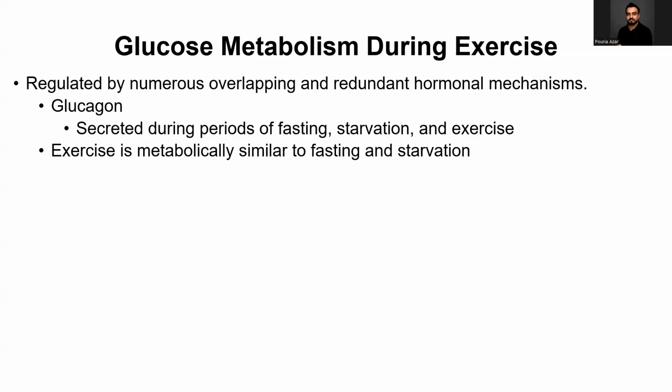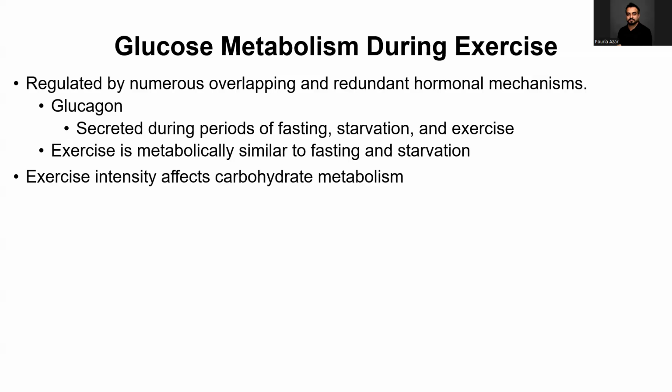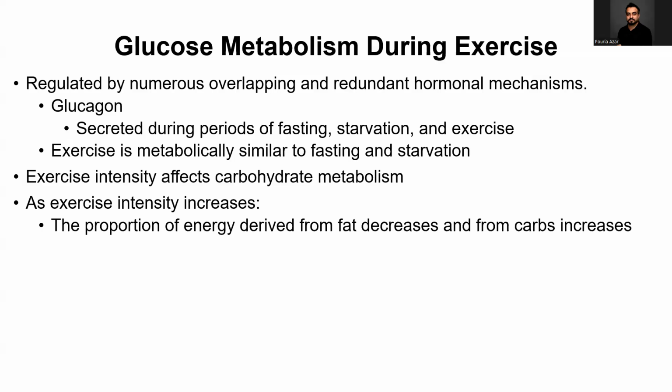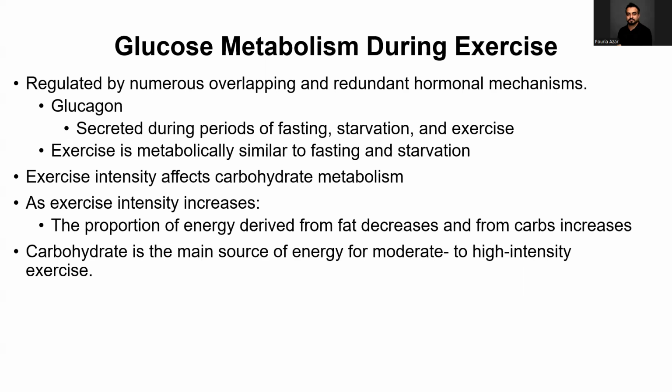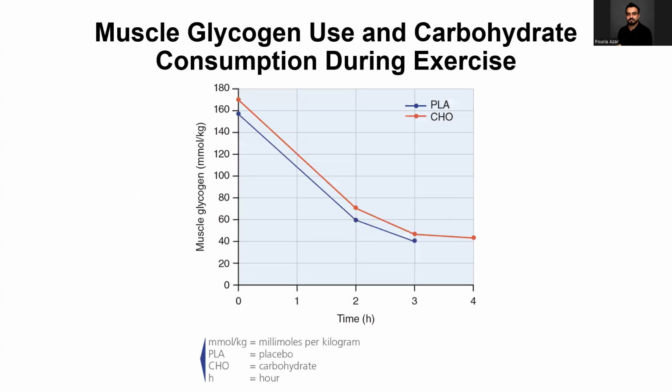So exercise is also like fasting and starvation. And exercise intensity affects carbohydrate metabolism. As exercise intensity increases, the proportion of energy derived from fat decreases and from carbs increases. This is a very important point to remember. And carbohydrate is the main source of energy for moderate to high intensity exercise.